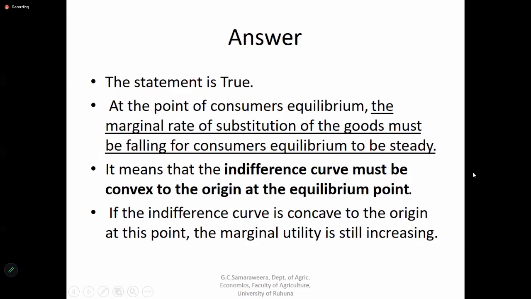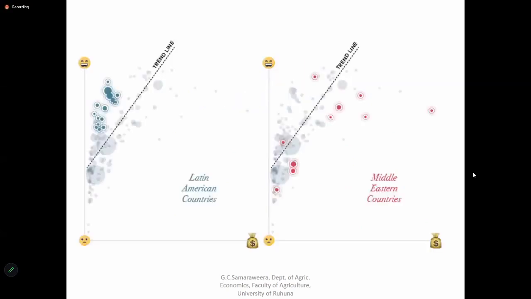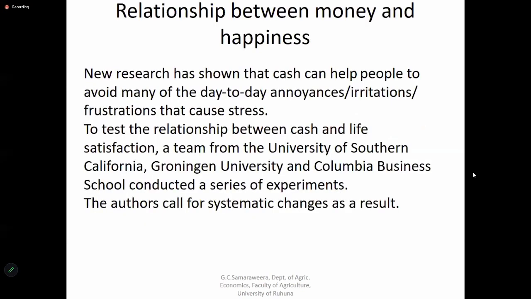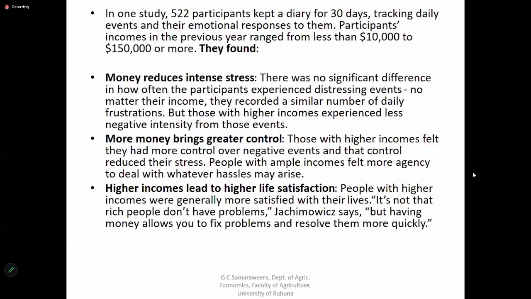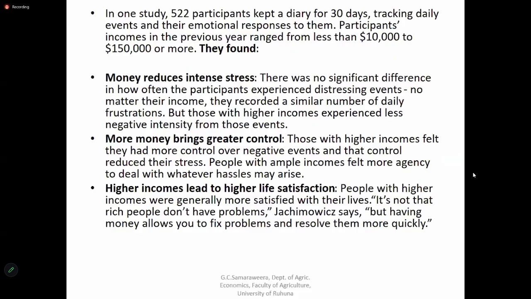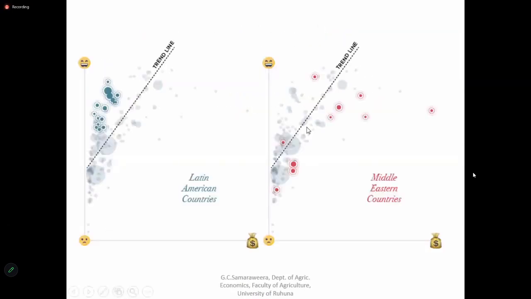So we'll continue the rest, the relationship between money and happiness, tomorrow. This is easy. There are several steps and findings, but quickly, I think I can finish that one also because this is only theory. Normally the relationship, past researchers found, between happiness and income: when they have more income, they are happier.